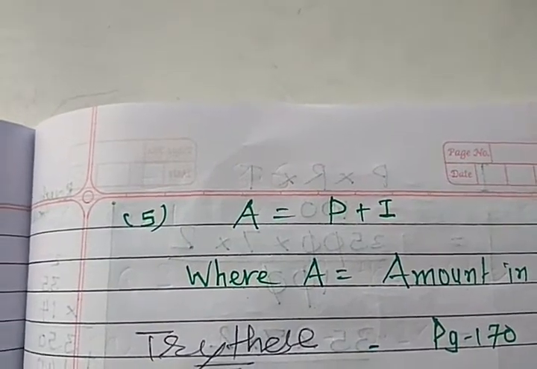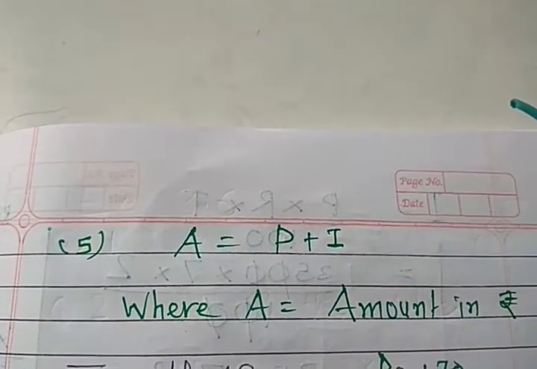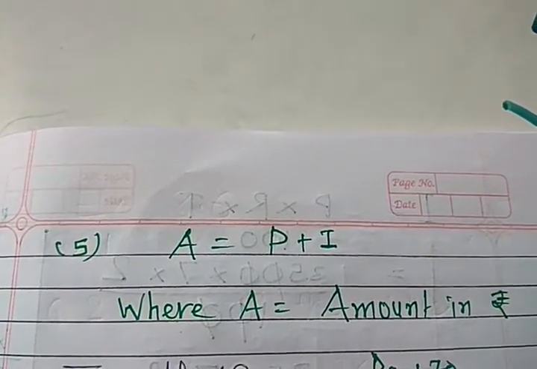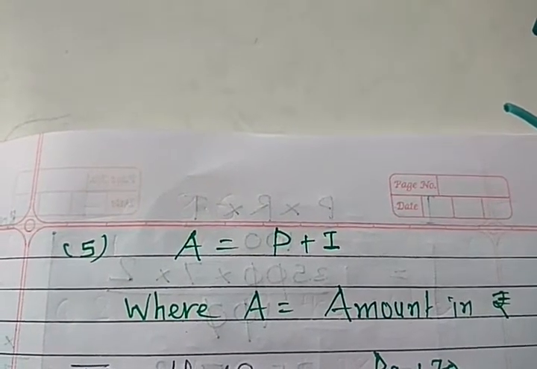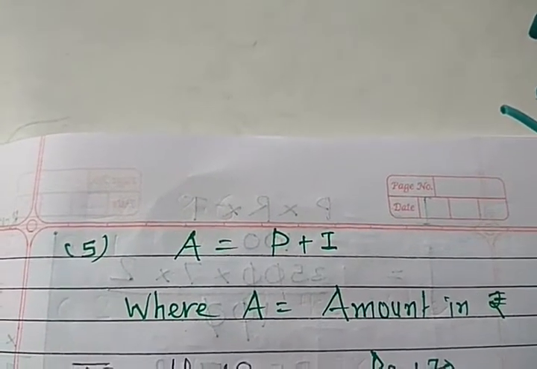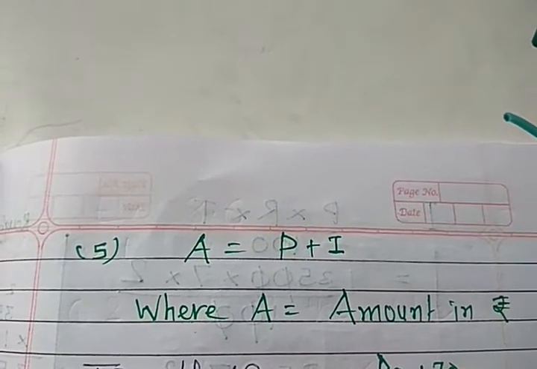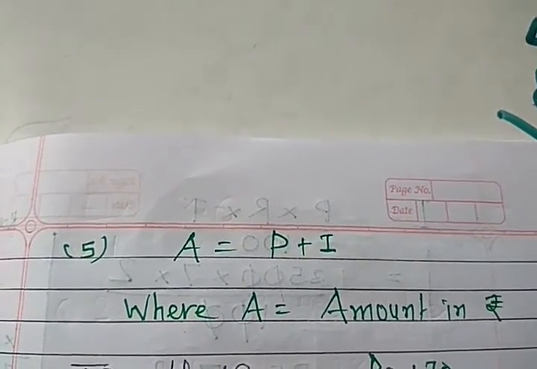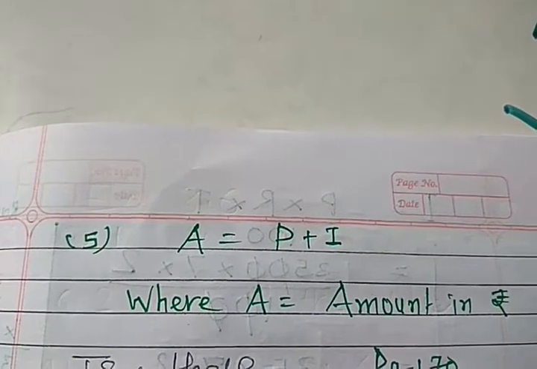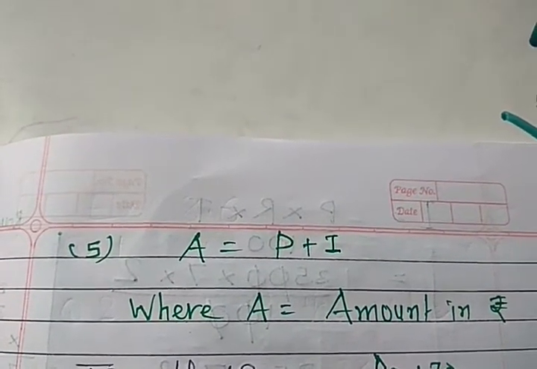Students, do you know about simple interest? When you put money in the bank, the bank will give you interest. Suppose you put 10,000 rupees for 1 year, and the bank will give you 2% interest, right?